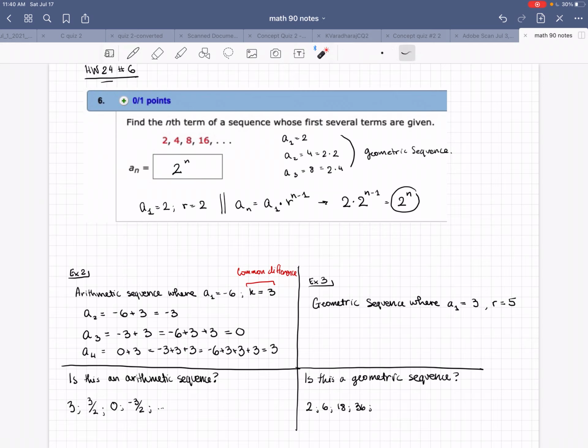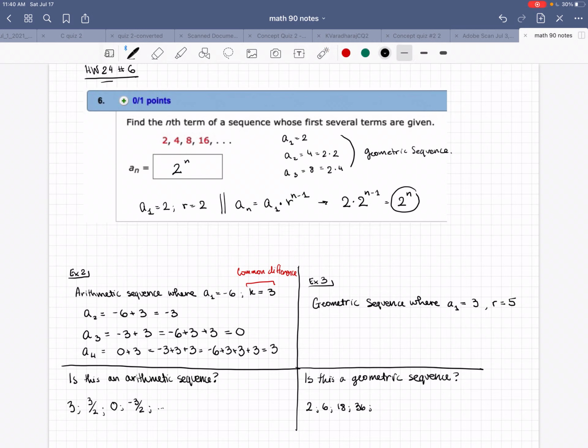So what we're noticing is that every term, a sub n, is -6 plus 3 times n minus 1. For the second term, we're adding one 3 to the first term. For the third term, we're adding two 3s. And for the fourth term, we're adding three 3s to the first term.